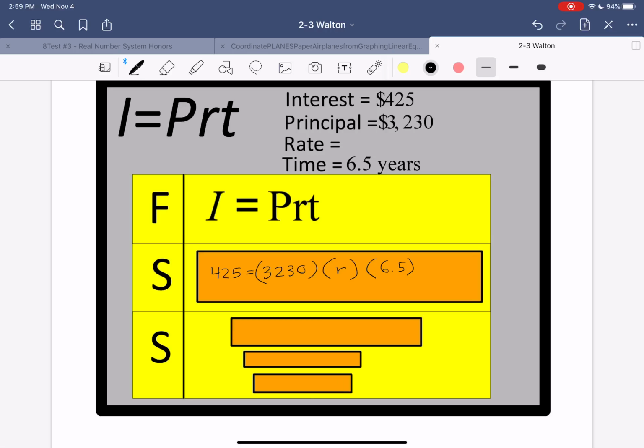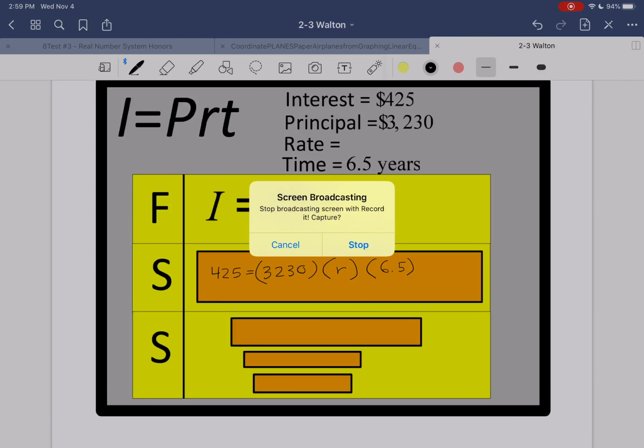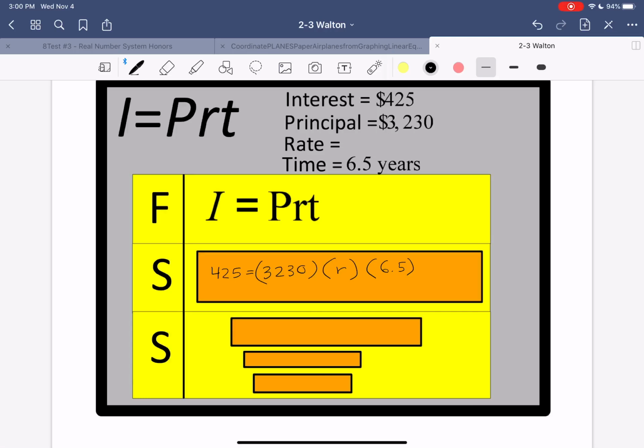And then I'm going to have you solve that last problem. So we're going to multiply these two together, and then whatever number you get will go here, and then you're multiplying that times your rate, and then you'll take that number and divide both sides by it to get your final answer.